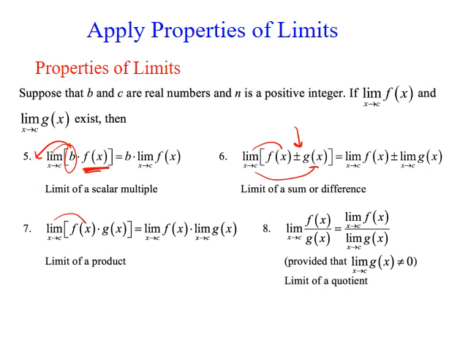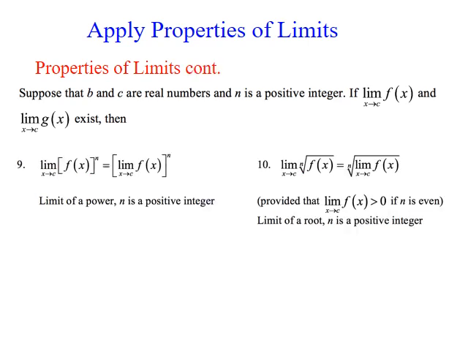Here, you will take the limit of this function and multiply it by the limit of that function. Here are the last properties. So just take a few moments and look through some of these, and I'm going to show you how to use some of them.